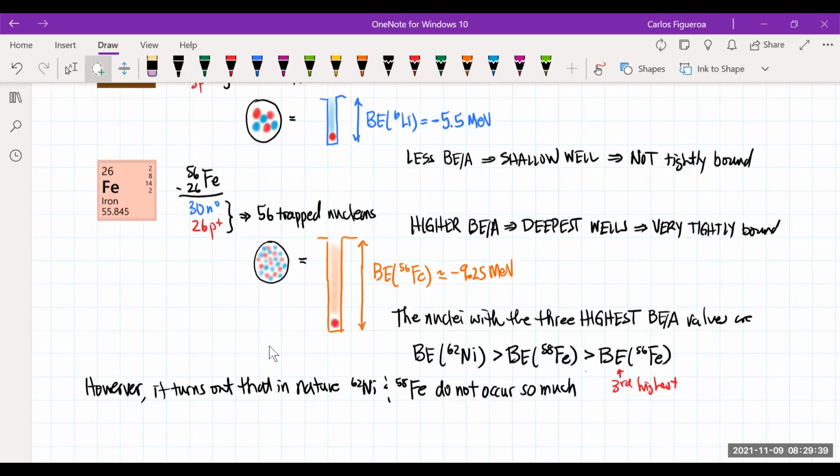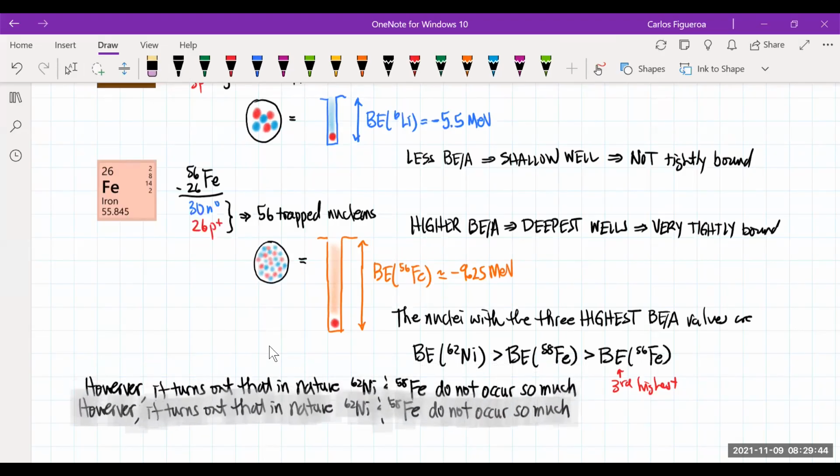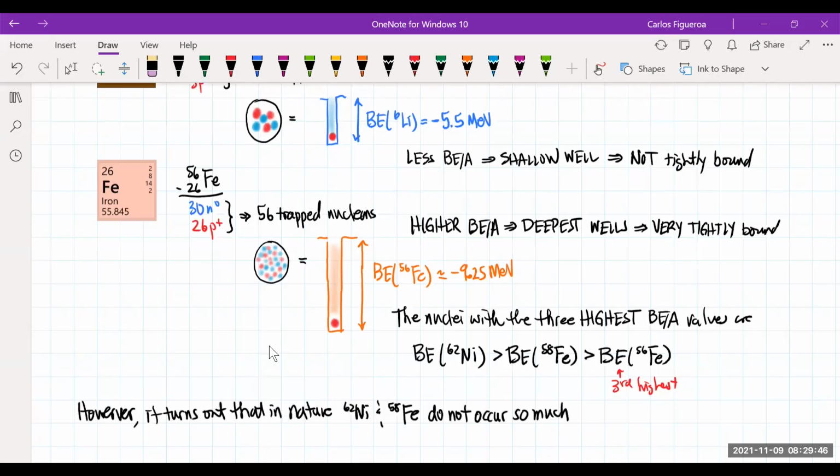You know what? I got to move this down. In the nuclear reactions we will study. So yes, nickel has the highest binding energy. Yes, iron 58 is there.